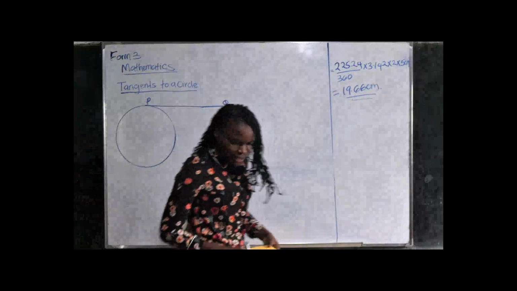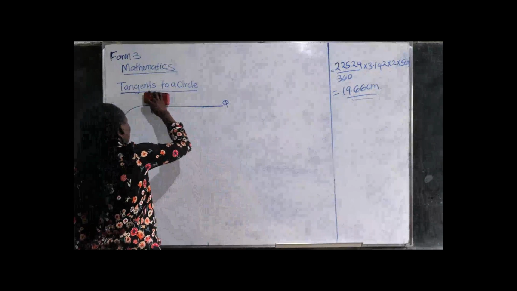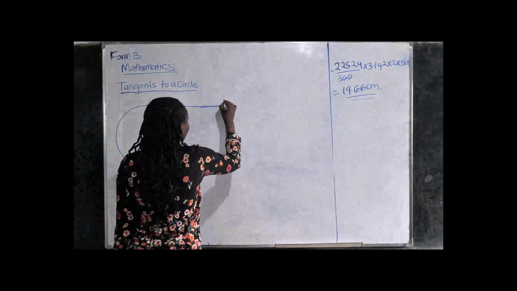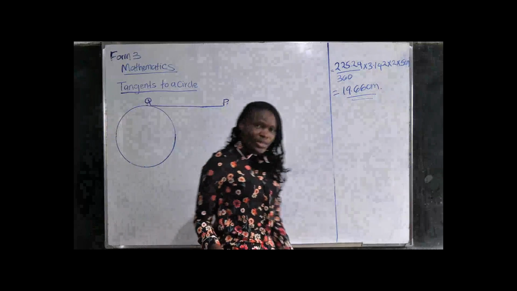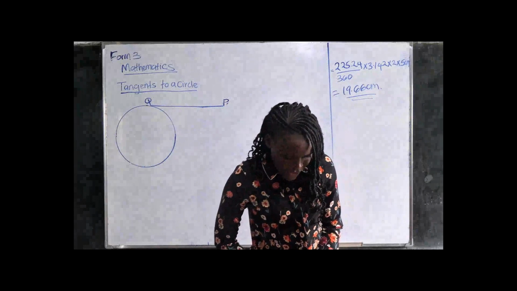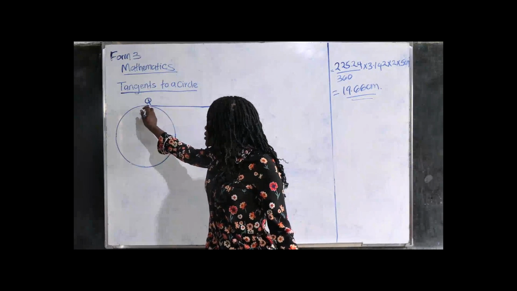This is P. This is Q. It is a tangent to the circle at point Q.